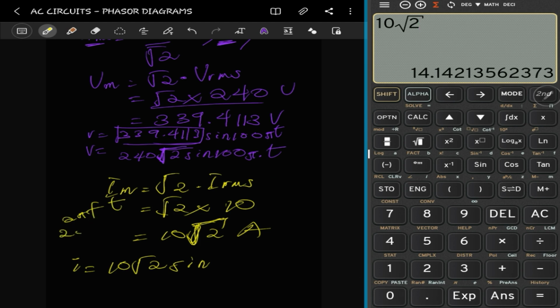So 2 times this 50 gives us 100. So we have 100, then pi, and then t. But then there's a slight something that we must add here.